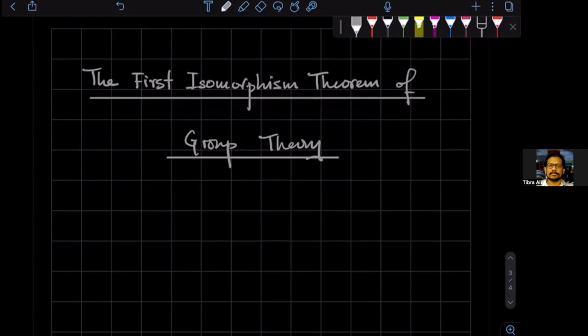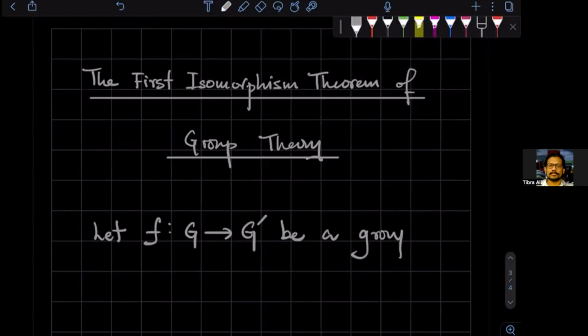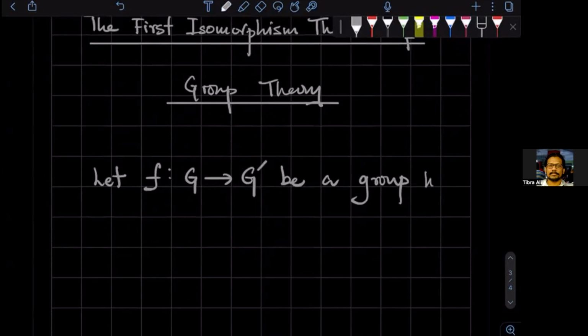What is the statement? The statement is that now let F, which is a map from, say, G to G prime, be a group homomorphism.